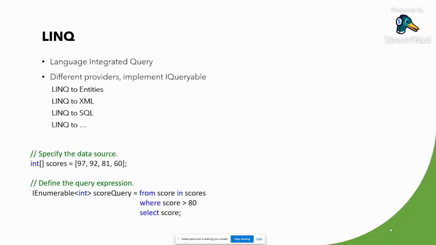Which brings us to L, LINQ. Are people still writing LINQ queries this way? I haven't seen this in ages. So this is the original LINQ. Language Integrated Query was kind of like a sub-language to allow you to query different data sources from within your code.